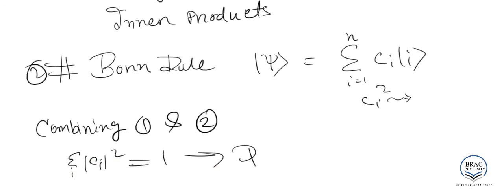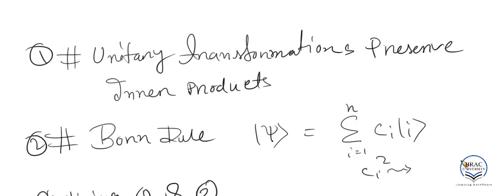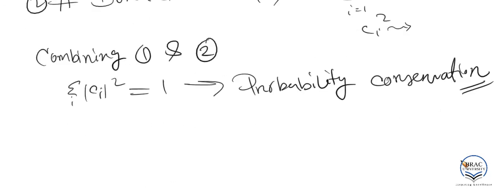That is probability conservation. And unitary transformations are the only type of transformation that conserve probability. So that's why it's very important that in a physical system, if it transforms in time or something like that, and you want to get something invariant out of it, it should be unitary.